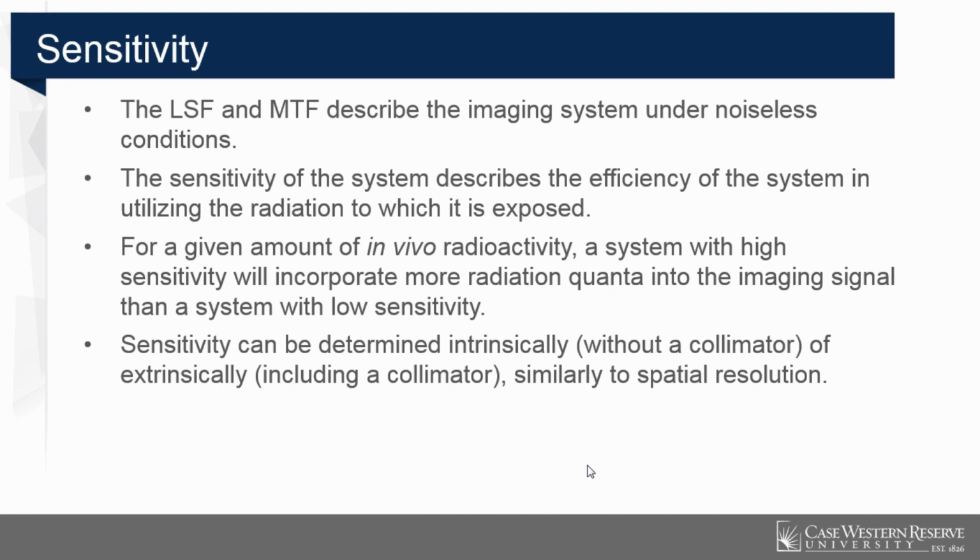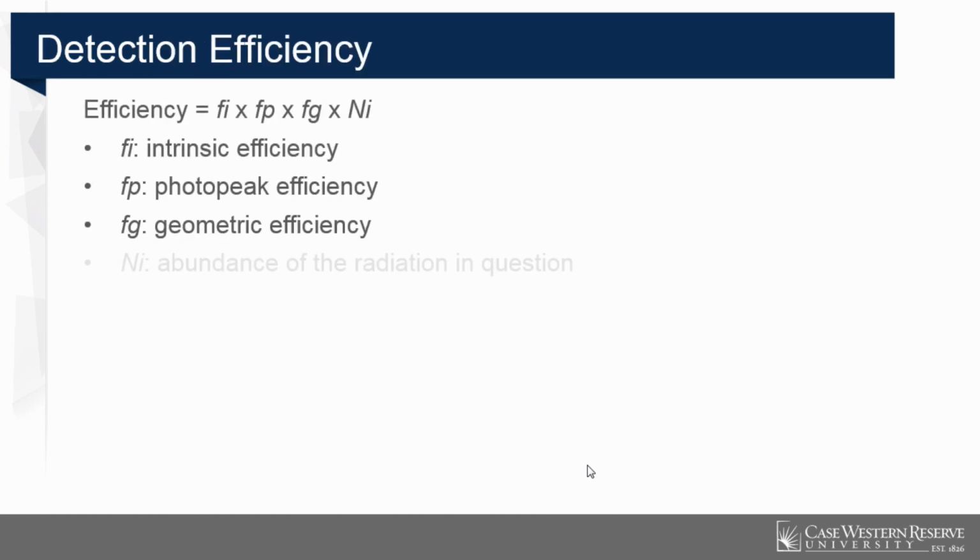In reality, you have many things to worry about. So for sensitivity, in layman's terms, it's how sensitive it is, how weak a signal you can detect. For medical use, how small a lesion you can detect. So it has everything to do with efficiency.